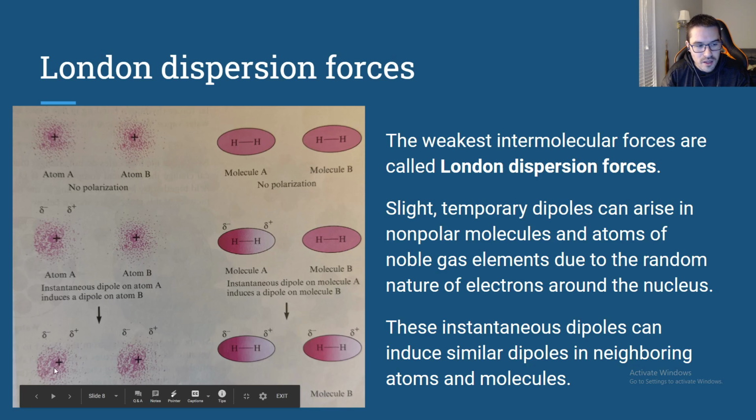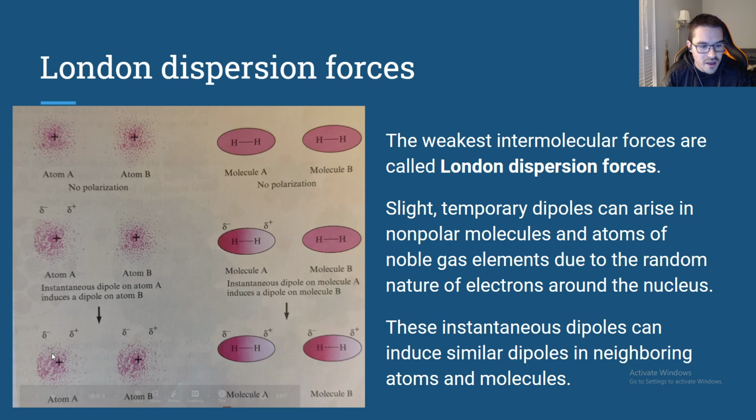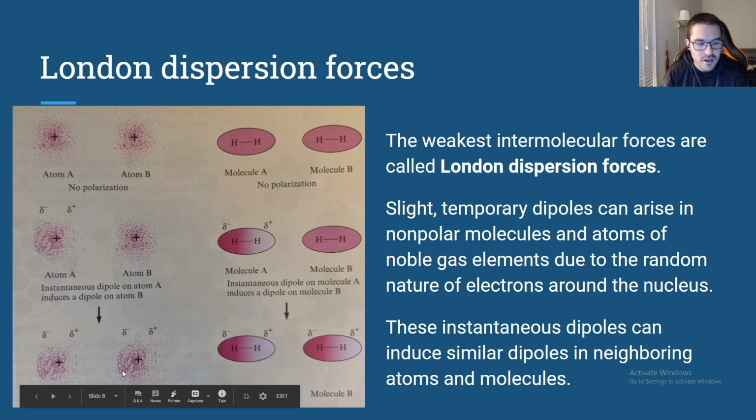So we have an instantaneous dipole that arises due to the random nature of electrons, and then we have induced dipoles. Okay, induced just means caused. Induced dipoles in neighboring atoms happen due to the random nature of the electron movement in the first one.